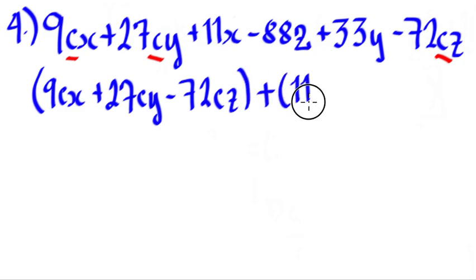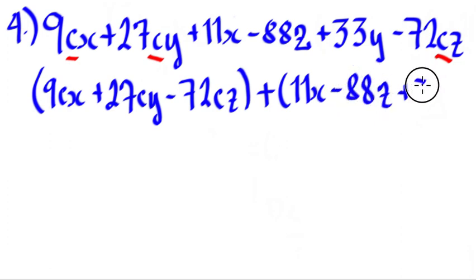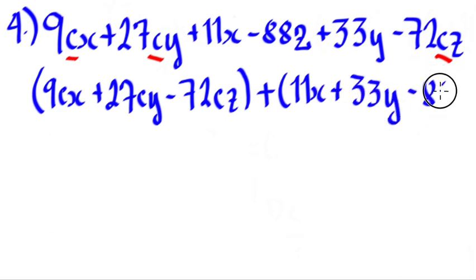So we have 11x, and everything that is left, minus 88z plus 33y. Or how about this? Let's write that in proper order, x, y, z. So let's put plus 33y minus 88z.